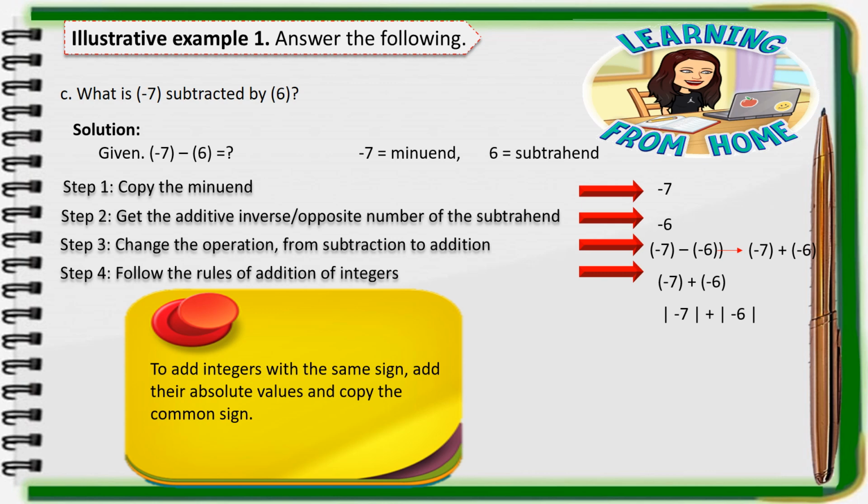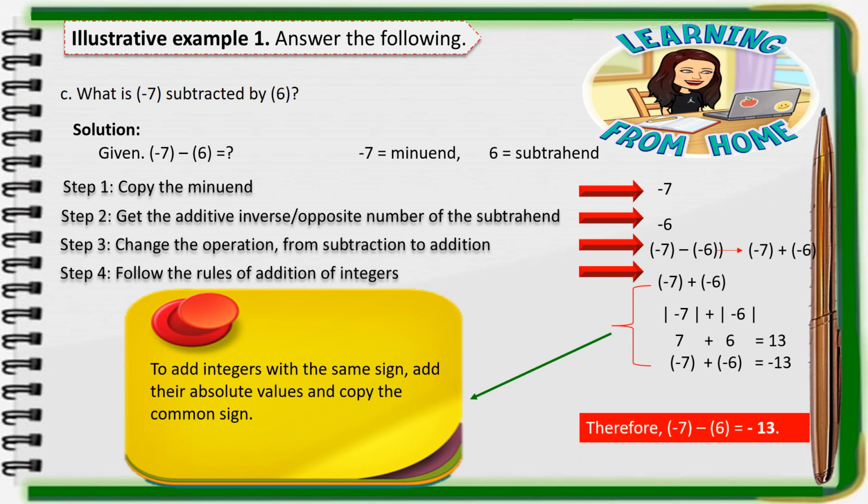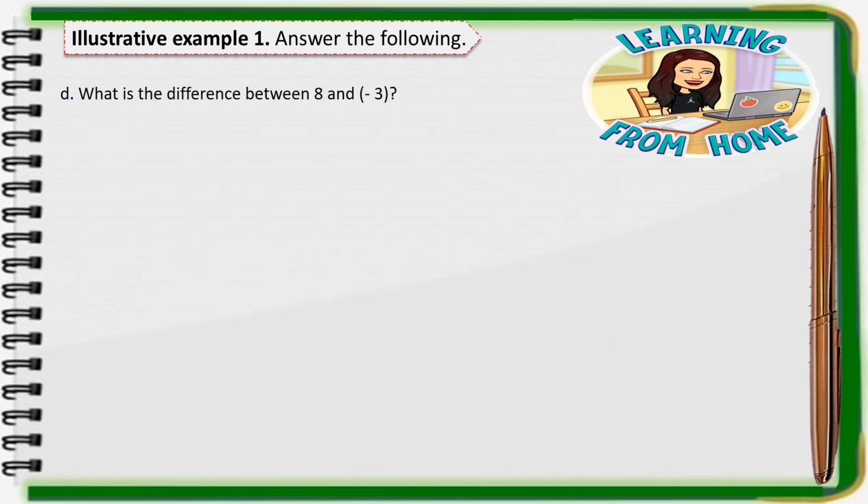Pagkatapos kunin ang absolute value nila, i-add natin sila. So, 7 plus 6 is equal to 13. Ngayon, para sa ating final answer, kunin natin ang sign na common sa kanilang dalawa from the original. So we have negative 7 plus negative 6 equals negative 13.